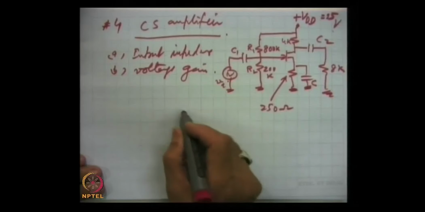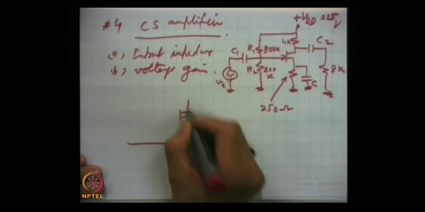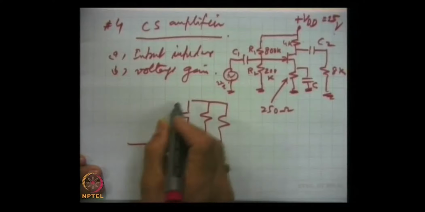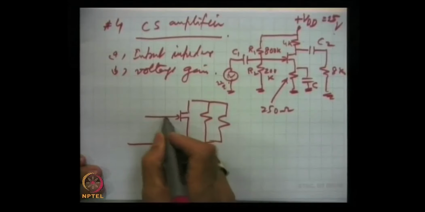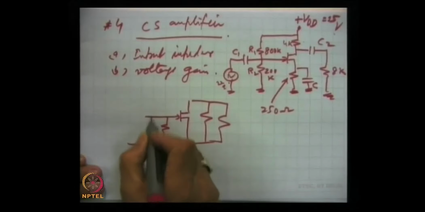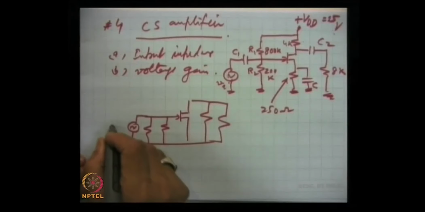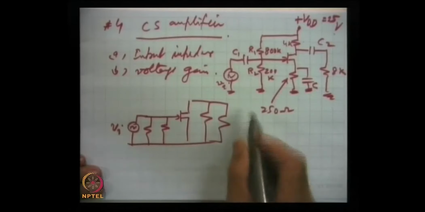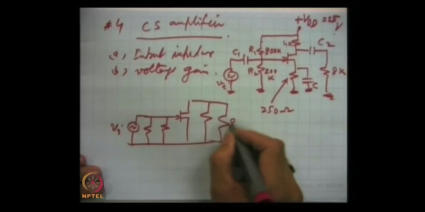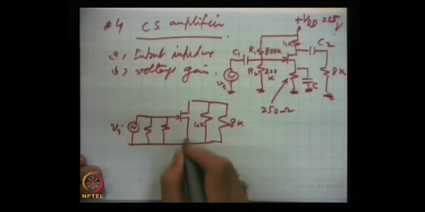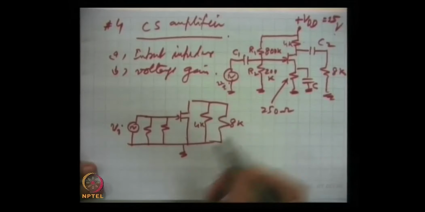So, we can draw a simple equivalent AC circuit. This is 8 K, this is 4 K, and this is all grounded. This is the equivalent circuit.